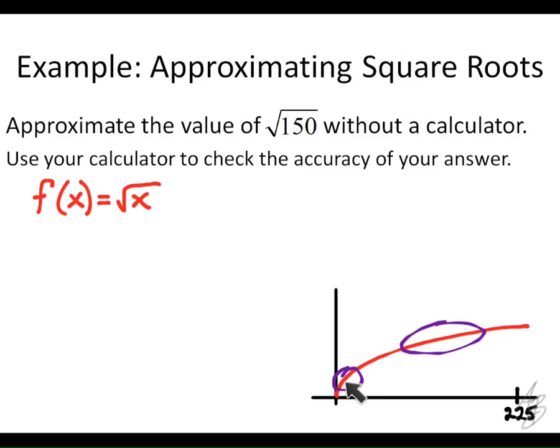So even though we were closer to the point here, since it's curving more, this part of the curve is less like a line than this part. So the closer the second derivative is to 0, the more like a line the curve is. Does that make sense? So when the second derivative is close to 0, then we're going to get an accurate approximation.